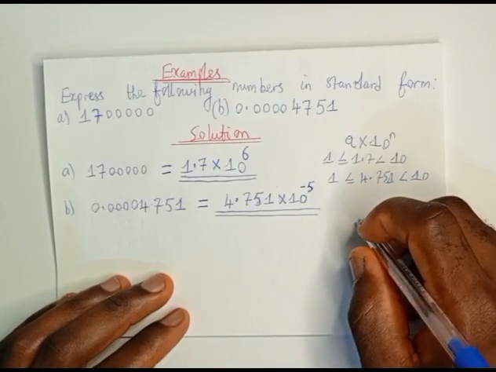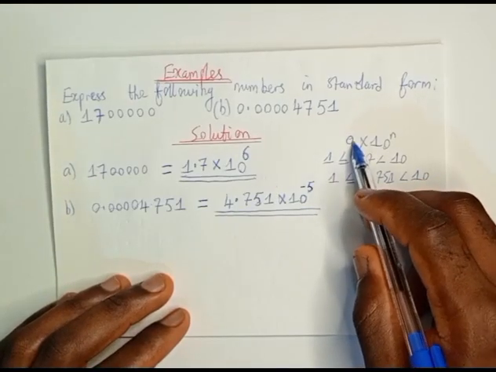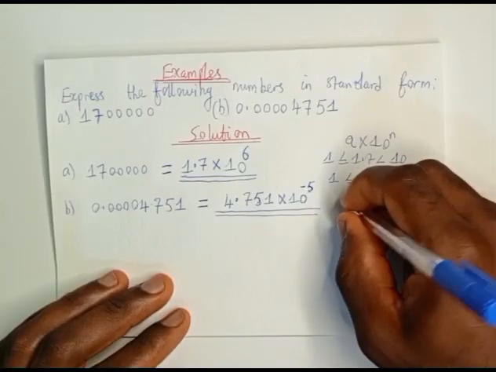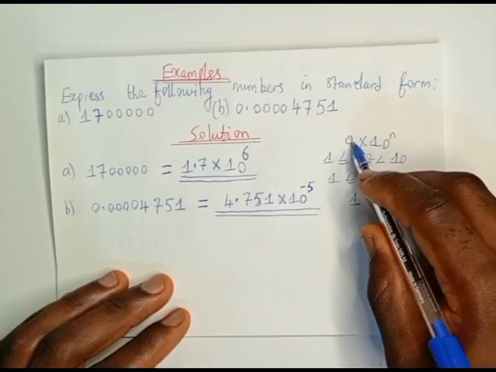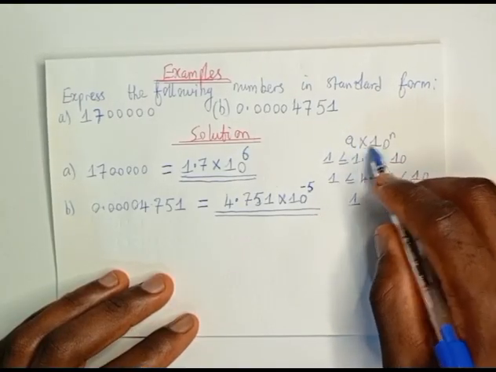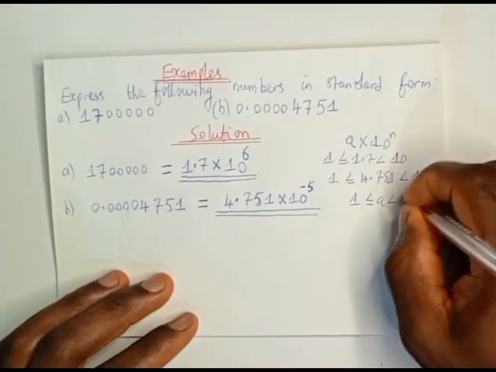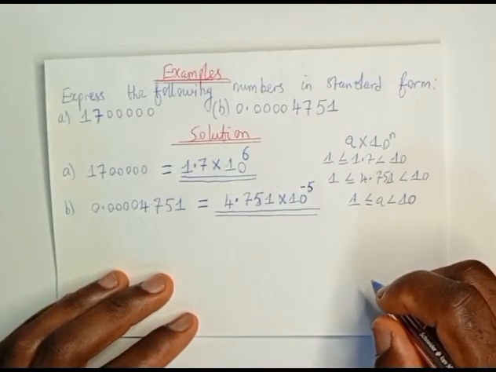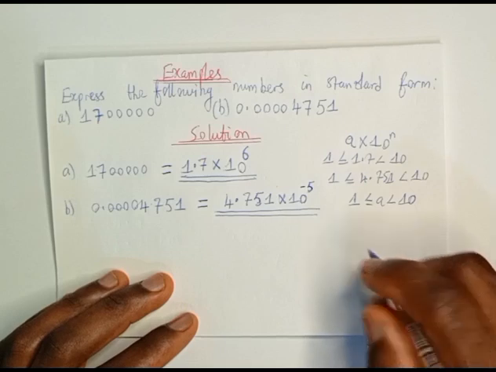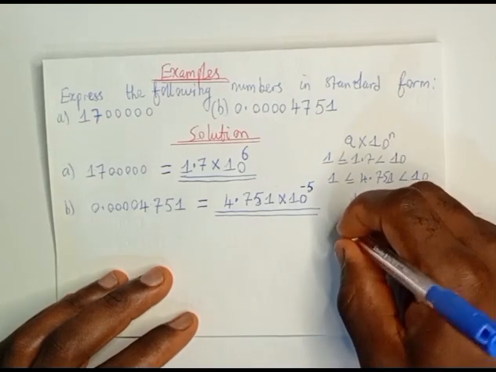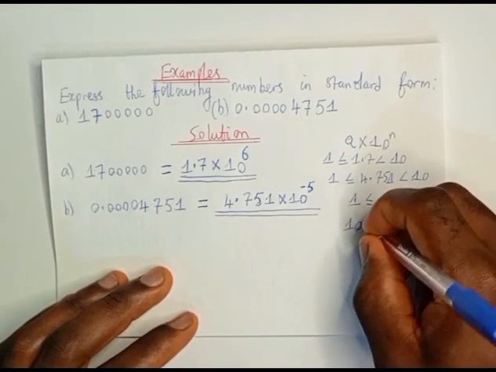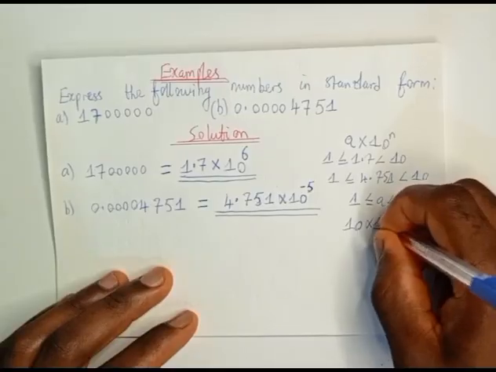Remember, when expressing a number in standard form, that is a times 10 to the power n, a lies between 1 and 10. The reason why a cannot be 10 is simply because, let's take a case where a is 10, that is 10 times 10 to the power n.